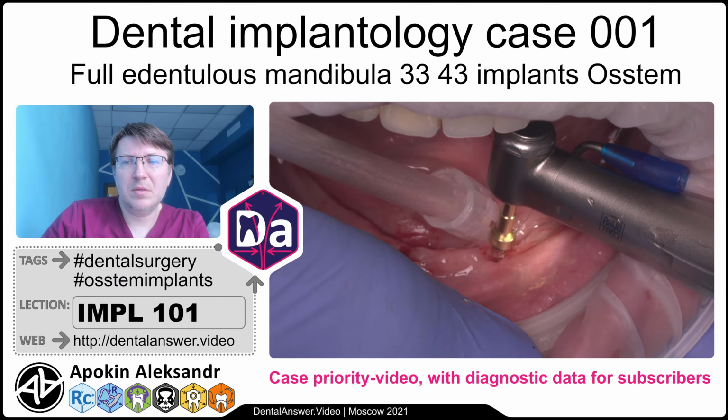At the next moment I decide to replace this very long machine implant instrument. This is not useful, and I decide to insert with the shorter one. This one is shorter. It's more useful for me in this situation. And we start to insert.